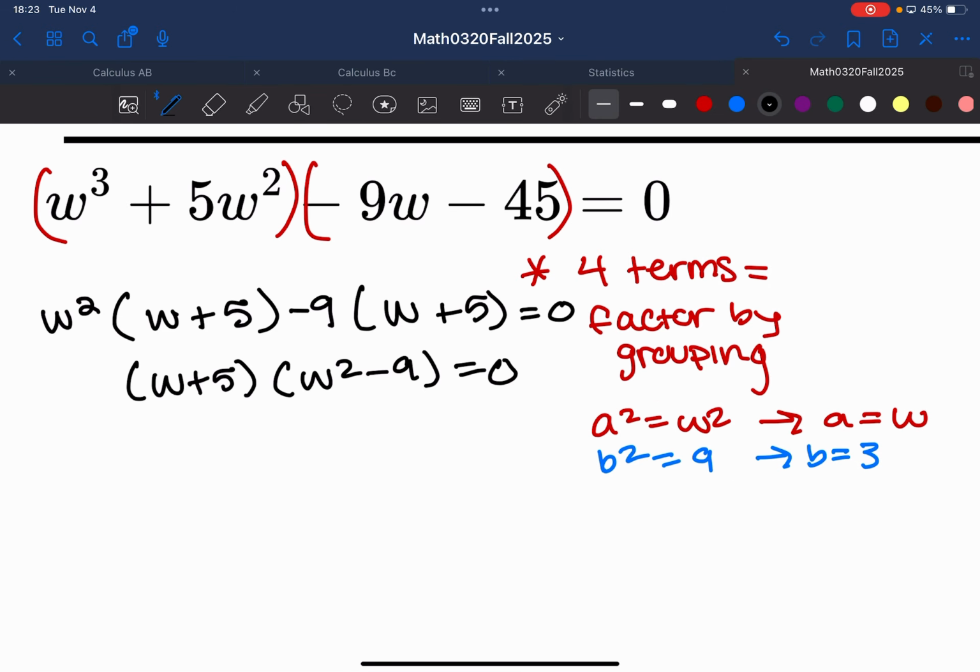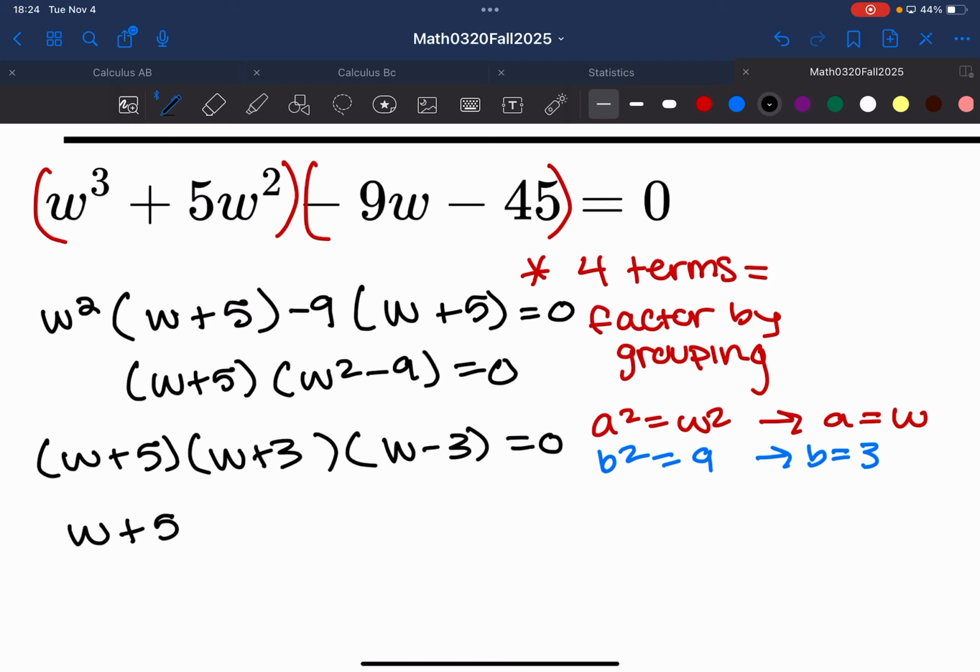Okay, I'm going to bring down my w plus 5, and then what are my other 2 parentheses going to look like? Good, w plus 3, w minus 3. If I look at all these w's in my parentheses, this tells me I'm going to have how many solutions? 3. And what do I have to do with each of the parentheses? Set it equal to 0.